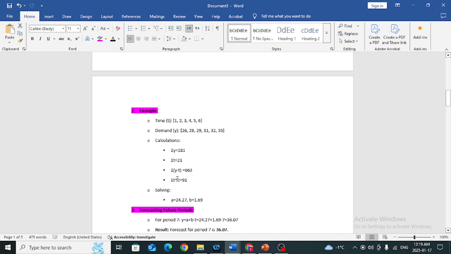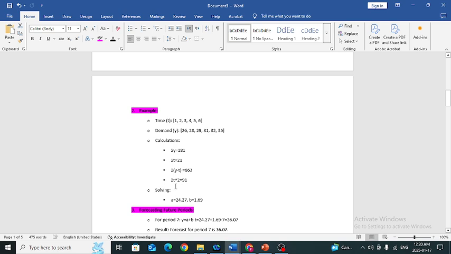For sigma y times t, for example 1 times 26, 2 times 28, 3 times 29, 4 times 31, 5 times 32, and 6 times 35, we arrive at 663.